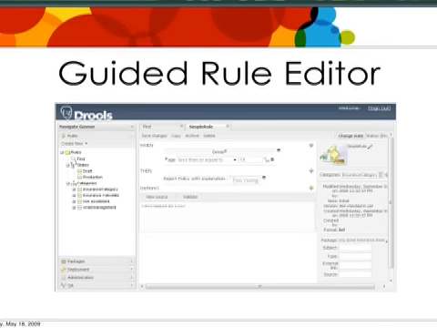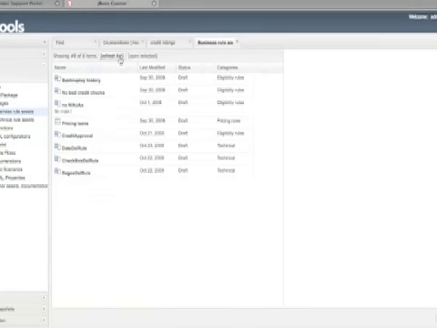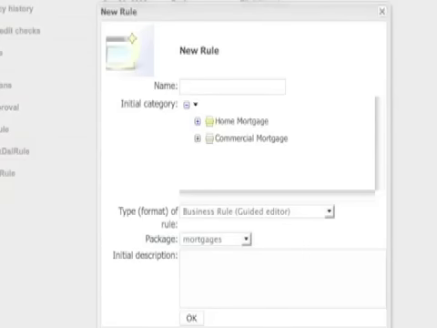That action could be setting the value of some field, it could be calling a method or a function or all sorts of things like that. But essentially it's just matching this area up here and then taking this action down here. These rules can get quite complicated. There's obviously a lot of different metaphors. I've just showed you two of the more basic ones. And under the covers, there's the DRL, or what we call the Drools rule language, is what's actually being executed.